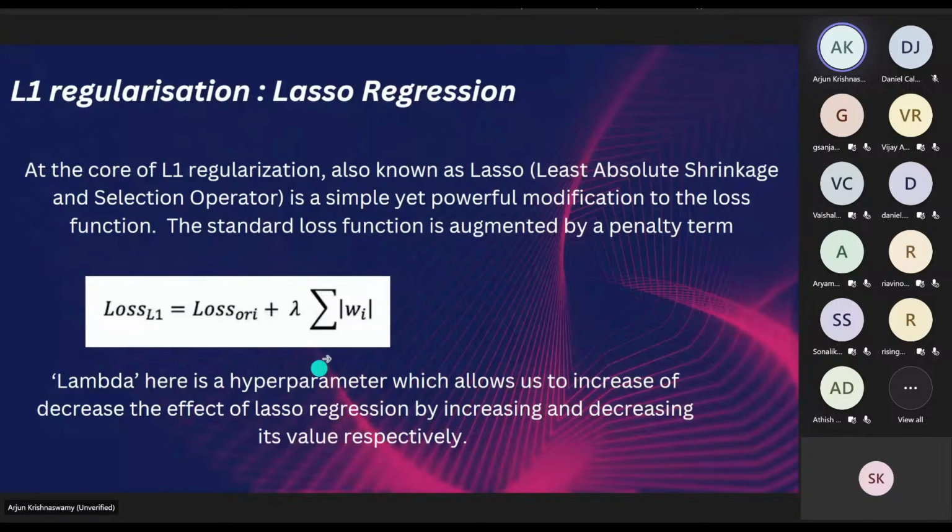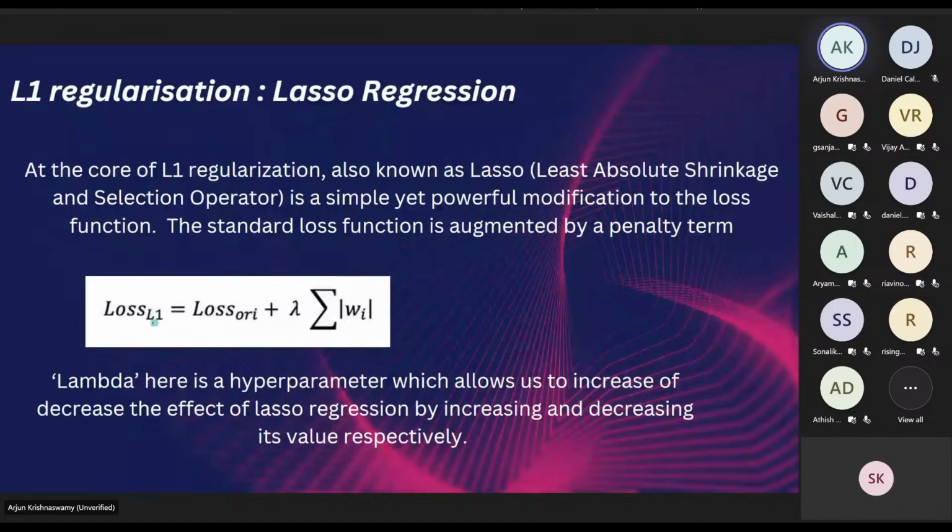So what this does is, our main goal is to reduce this new loss function. Originally we were using only this part, so our only objective was to reduce that mean square error. But now we also have the weights. Suppose your mean square error is low but your weight values are very high, you will still have a high overall loss, that is the L1 loss.